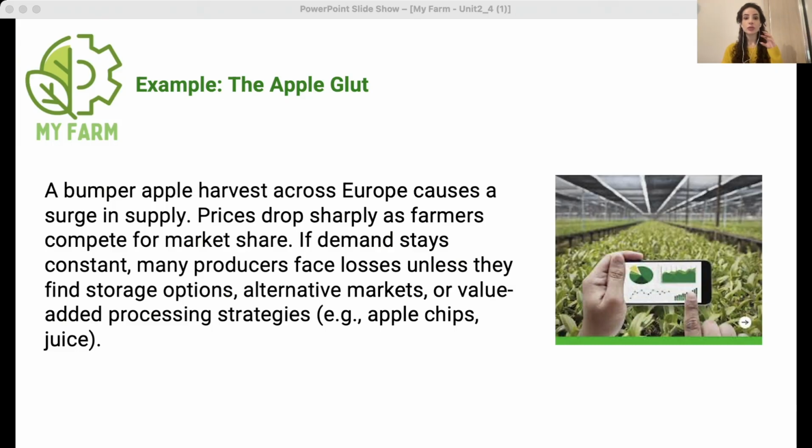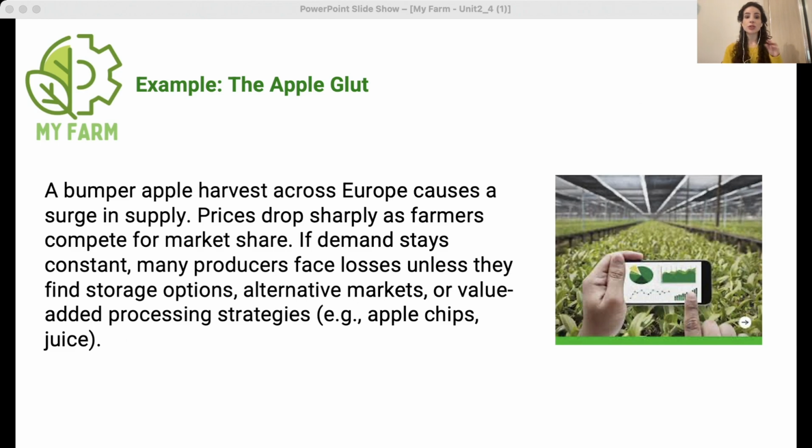However, consumer demand for apples doesn't suddenly double. As a result, prices fall sharply as farmers compete to sell their products. Despite strong production, many producers face financial losses. This is one of the most difficult realities in agriculture. Abundance can reduce income.